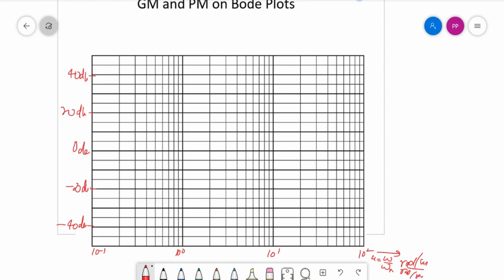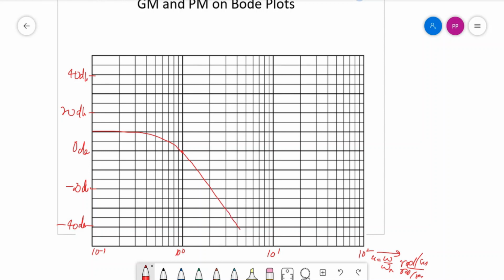So we see the 0 decibel line over here. So this is the 0 decibel line. Maybe assume that 10 power 0 is the gain crossover frequency. So some plot is coming like this, and then this is crossing the 0 decibel line like this and moving like this.